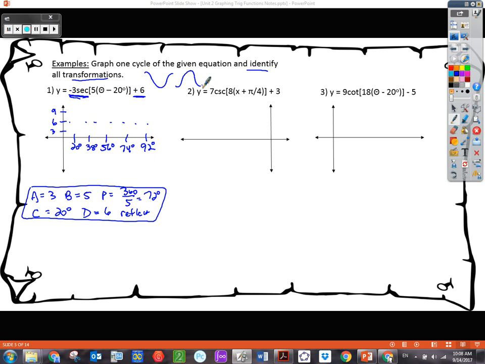So I'm going to start here and put my little points for my upside down cosine. I'm going to draw my upside down cosine. Now, wherever it crosses its sinusoidal axis, which is moved, right? In the parent, it was on the x-axis, but now it's at 6.